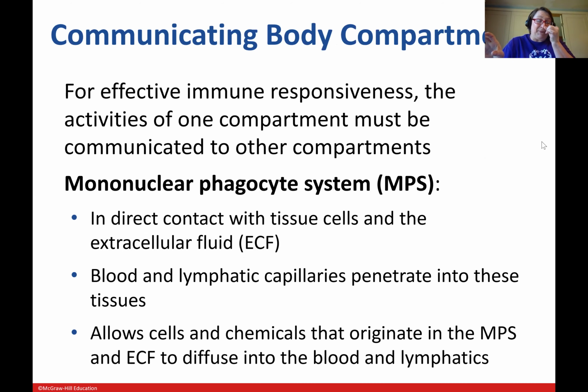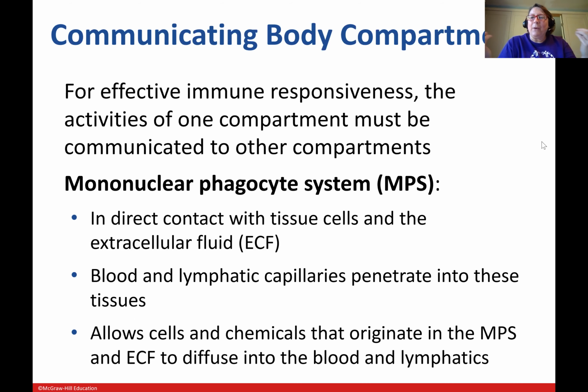Once, for example, a bacterium is located in the tip of your finger, the immune cells that recognized that infection need to be able to communicate with the rest of the immune system to send more white blood cells to whatever it is that it needs to do. These mononuclear phagocytes, which are white blood cells that are going to be able to clear that infection, are in direct contact with tissue and also that extracellular fluid.